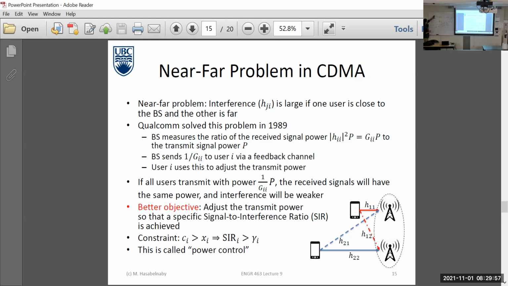So if the received power of user 1 is greater than the received power of user 2, and we want to decode the signal of user 2 in the presence of interference from user 1, because the multiplication of S1 and S2 is not equal to 0 now, it has a value. So we have interference. What is your opinion about the amount of this interference?